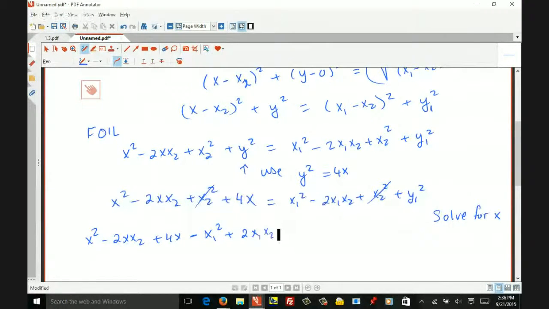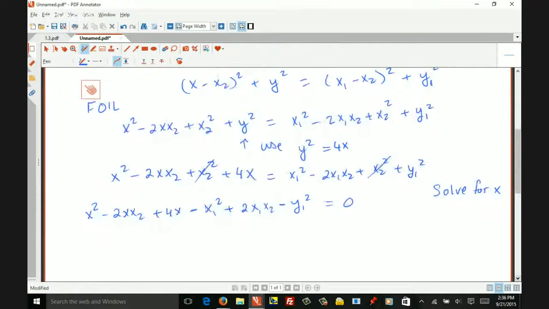Minus y1 squared, right? Now, are there terms that we can factor out combined together? Well, we have an x2 on both of those, right? So we could take something out from there. And then we have a 4x.